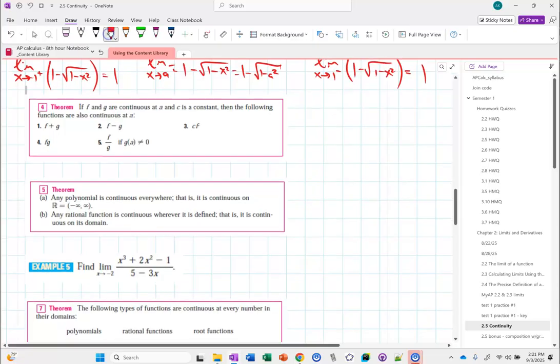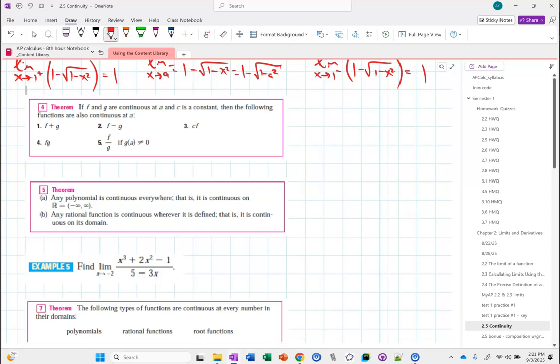All right, super useful set of theorems. No one will ever ask you to quote these, but you sure would want to be able to use these. It just says that if we have two functions f and g that are continuous at a, if I add them together, that new function is also continuous at a. If I subtract the functions, the new function is also continuous at a. If I multiply them together, the new function is still continuous at a.